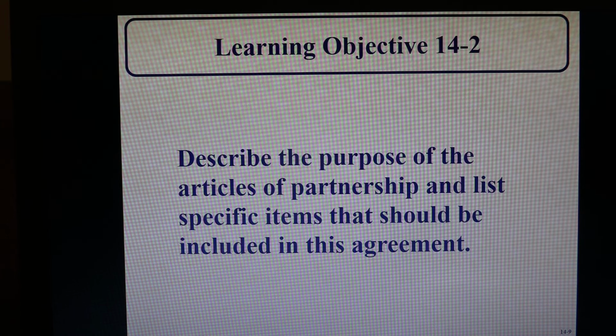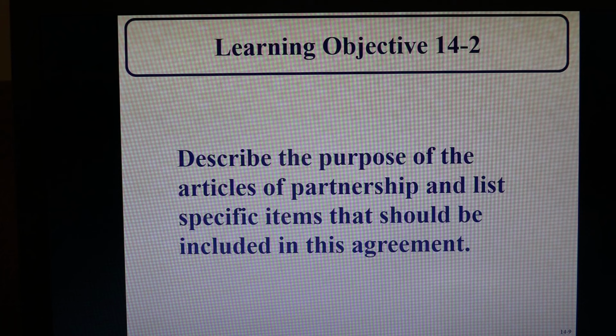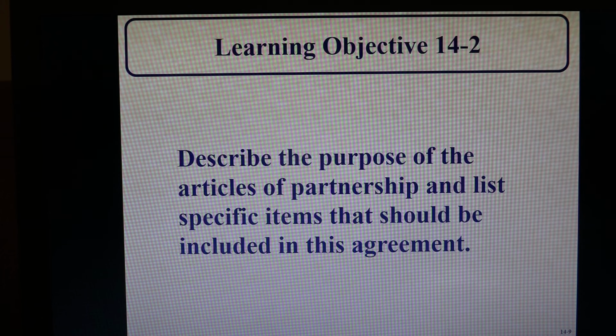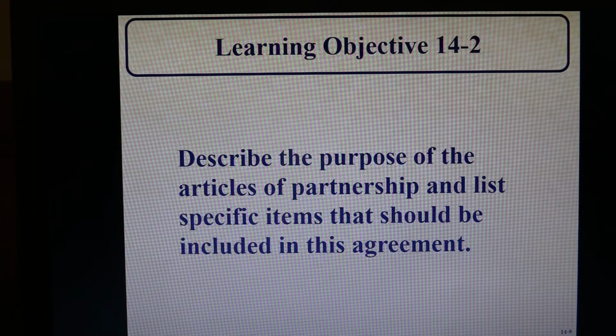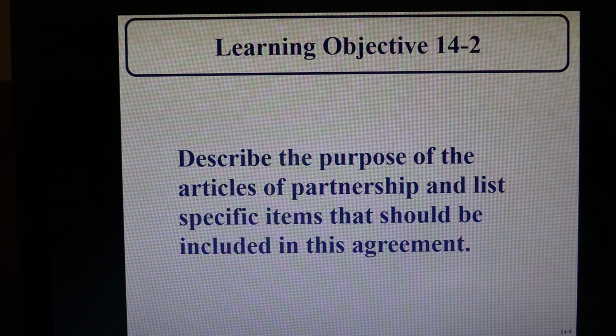But it's kind of important that certainly when you're advising clients who want to be partners, they need to get this in writing. And as the book points out, the accountant can be a big help in deciding how they want to move forward with this agreement, what they want to have in it.